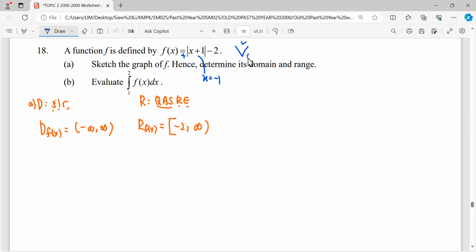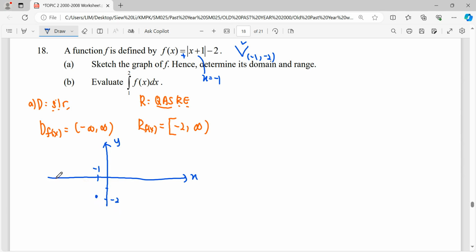We need to find the minimum point where x is negative 1, then y comes from the range, negative 2. So x is negative 1, y is negative 2.